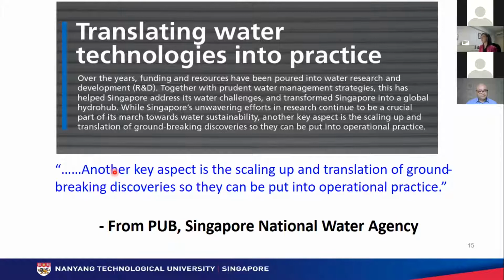We get a new technology, a new invention, but publication in a paper is not enough. Another key aspect is the scale-up and translation of these discoveries so they can be put into operational practice. This is the guideline from the Singapore government, the funding agency.